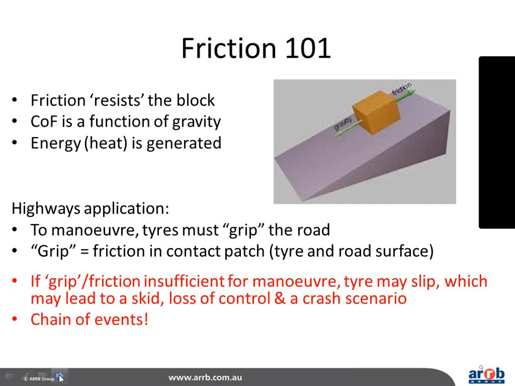If we get a skid, we might get a loss of control, and dare I say it, unfortunately, we may get a crash scenario on the end of it. So I like to think of skid resistance as something that starts a chain of events, or even prevents a chain of events, probably better to say. And that's why it's so important in terms of our road safety outcomes, that we do what we can as practitioners.